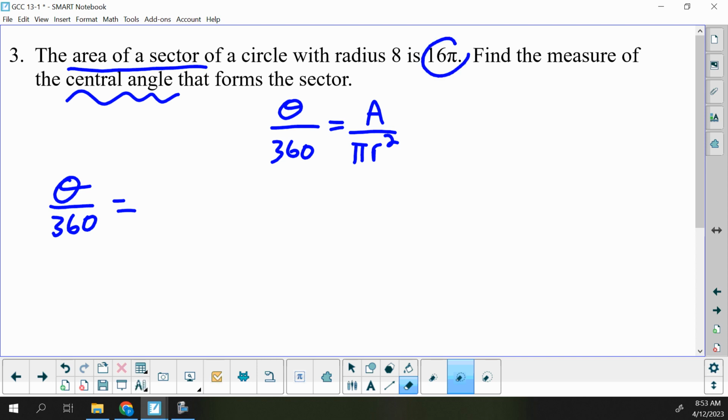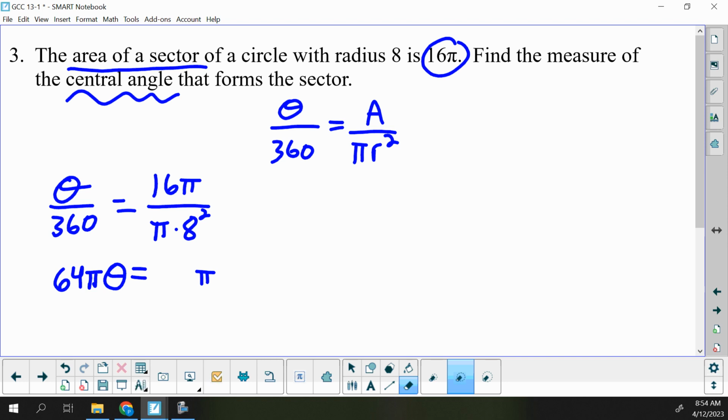They told us that area of the sector is 16 pi. And then we've got pi times 8 squared. So we're going to cross multiply. 8 times 8 is 64. So we're going to have 64 pi theta equals, when we multiply the other way, we're just going to have something in terms of pi.